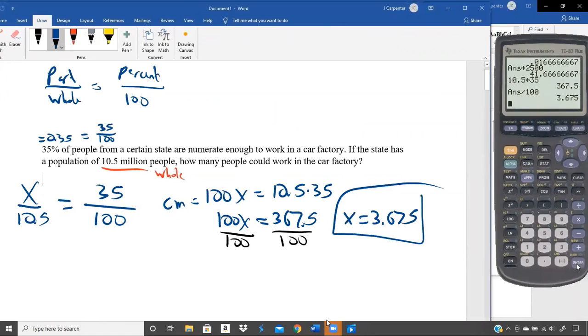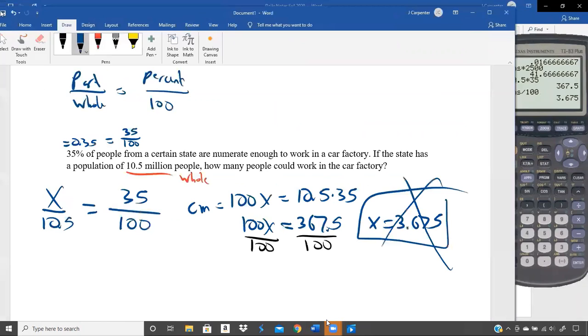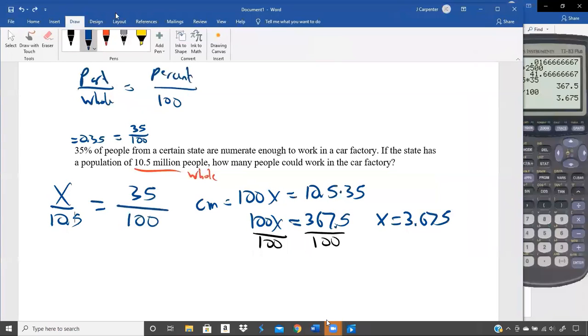And someone will go, well, there's my answer. Nope, that's not the answer, for a couple reasons. First of all, you have no units. Second of all, you're not telling me at all what x relates to. And third of all, there's an even bigger issue. We're talking about people, so someone might say, all right, this is people. This is still wrong, because it's not 3.675 people or 3 people or 4 people, depending on how you want to round.